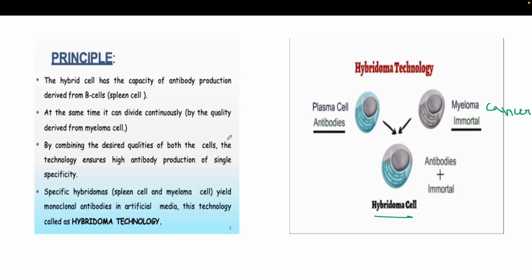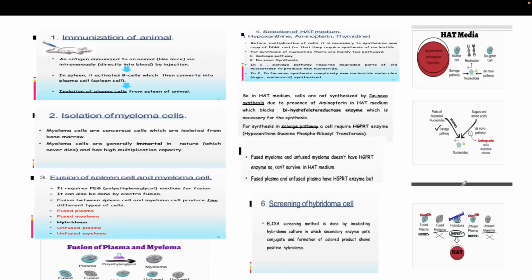This specific hybridoma yields monoclonal antibody in artificial media, and this whole technique is called hybridoma technology. So the basic principle is that the plasma cell and myeloma cell fuse together and produce one hybridoma cell which has both properties.